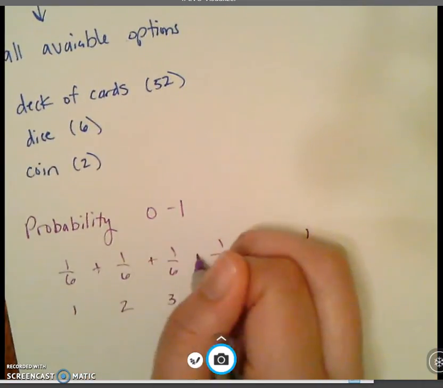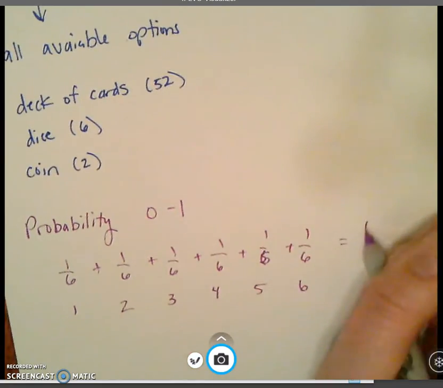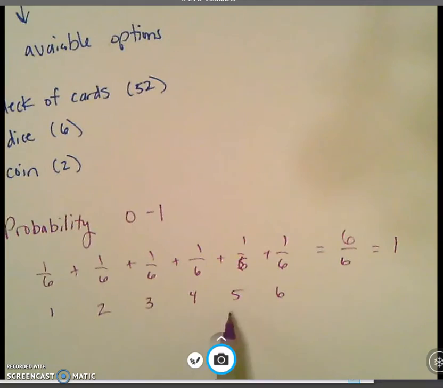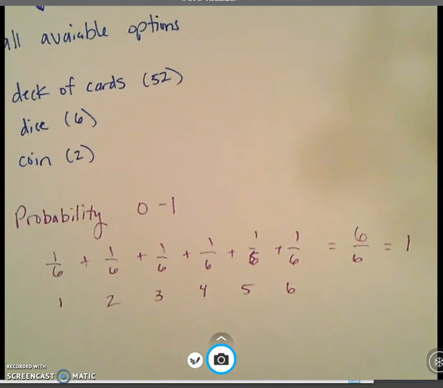When you add up your sample space, it equals 1. The reason is when I roll a die, there is a 100% chance I'm going to get either a 1, a 2, a 3, a 4, a 5, or a 6. Absolutely going to happen. So that's how you figure out your probability.